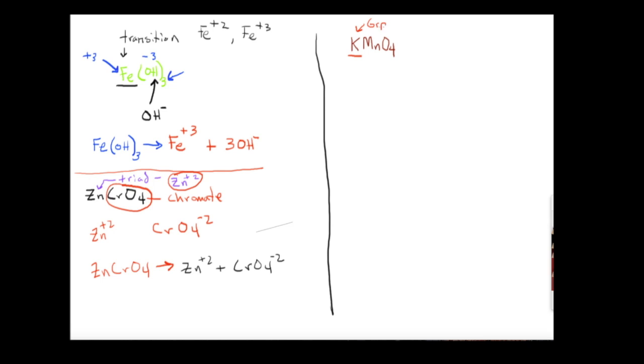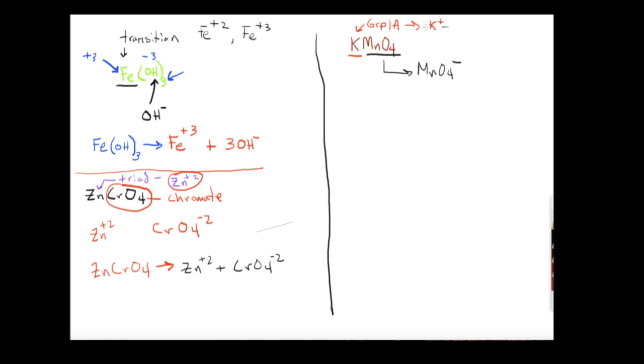I'm just going to abbreviate this, and you should have those memorized. So it should be immediately apparent that this is K plus 1. And then we also have the permanganate ion, and that's one of your polyanions. You should realize that it's MnO4 minus. So the charges on both of these are the same.